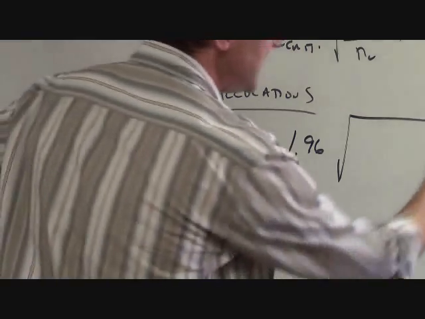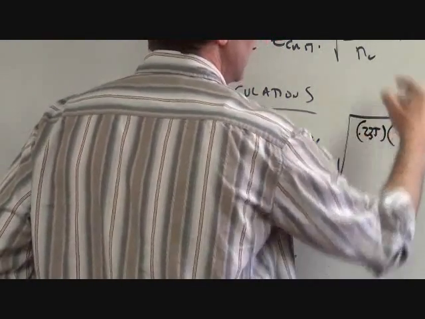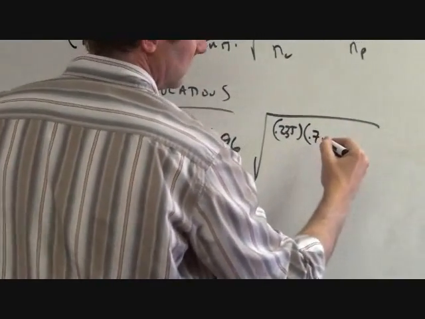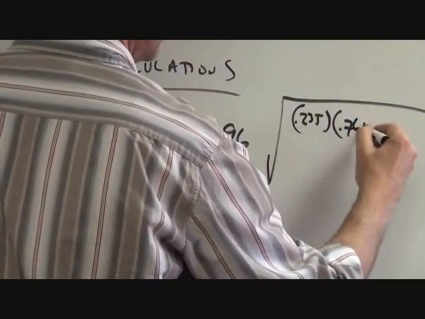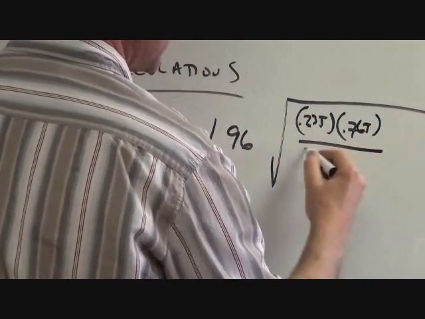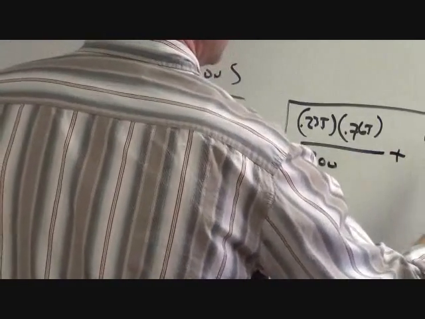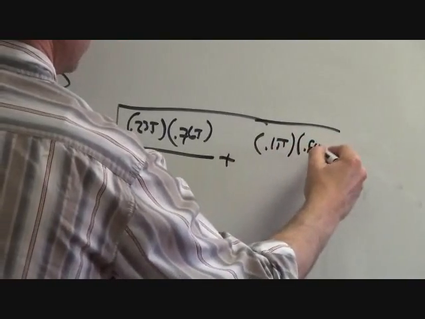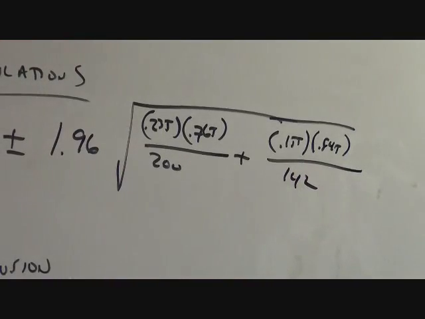Now we have to get all these numbers in here right. So p hat sub c is 0.235 times 1 minus that, so 0.765, over that sample size, which is 200, plus 0.155 times 0.845, all over 142.